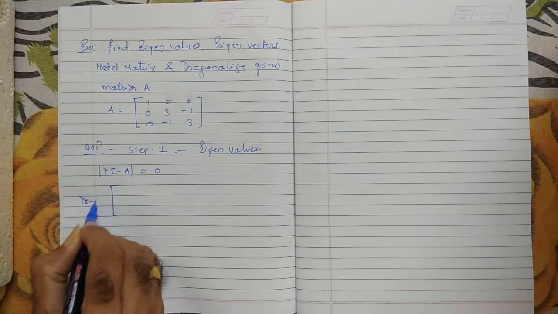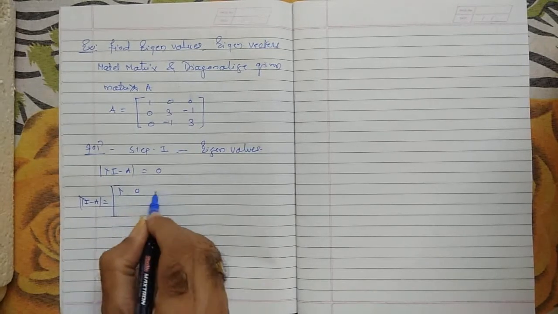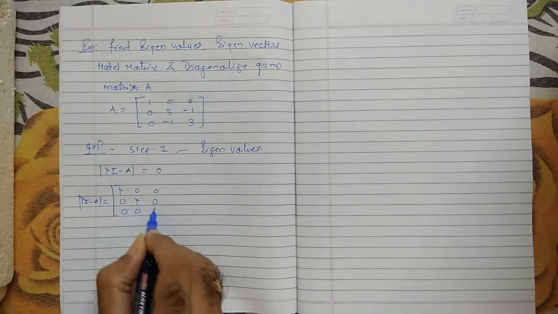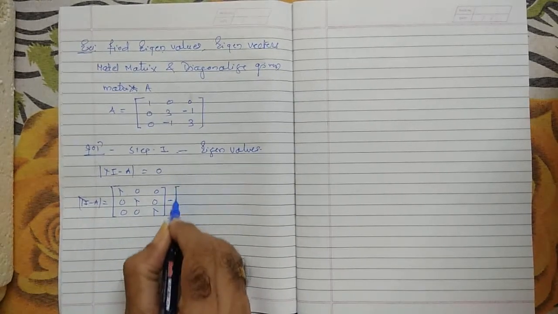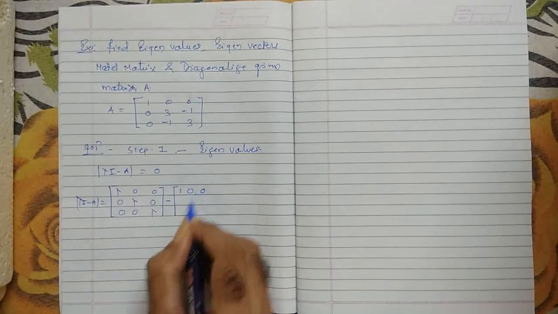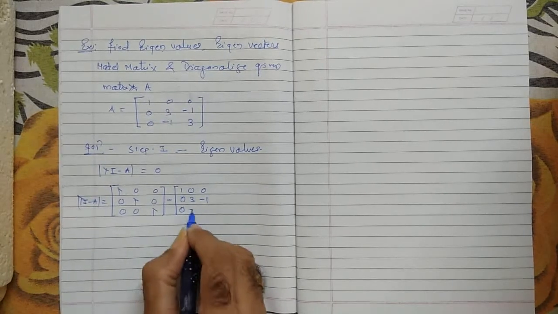Lambda I minus A is equal to lambda 0 0, 0 lambda 0, 0 0 lambda, minus this A, which is 1 0 0, 0 3 minus 1, 0 minus 1 and 3.